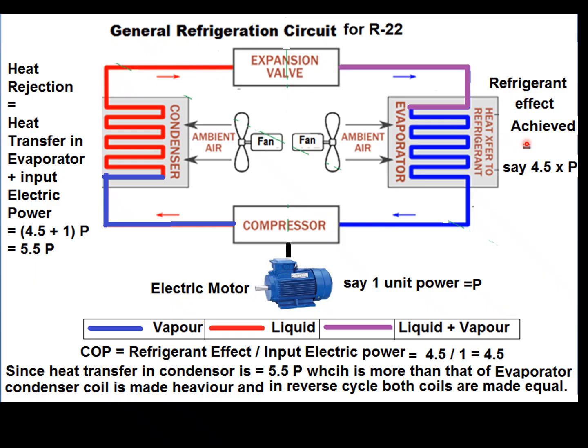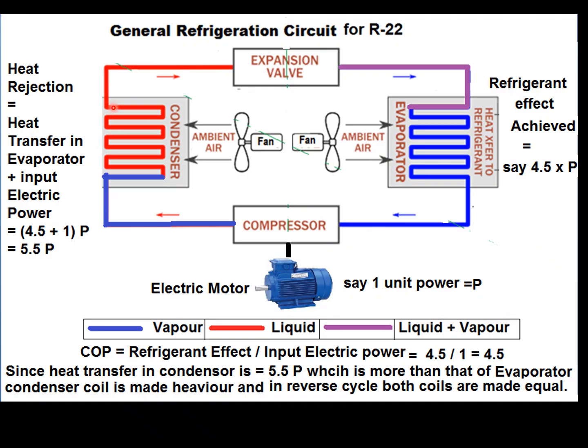And here the heat exchange is of the order of 4.5 times the heat added in the compressor, 1 unit. If the electrical motor adds heat through the compressor system, and that is one unit, the refrigerant effect created is 4.5, whereas on the condenser side the heat rejection is 5.5 times.